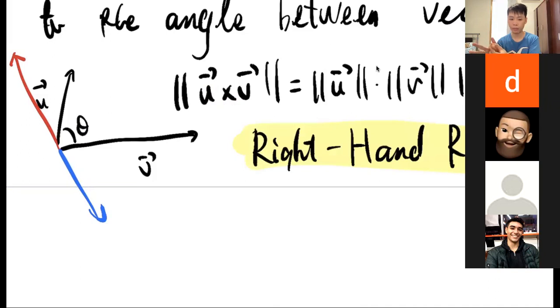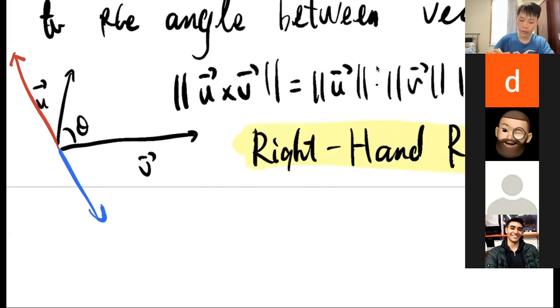So this is the angle. Now your thumb will point in the direction of the normal vector, which is the direction of U cross V. So again, here, U, V, and then U cross V.